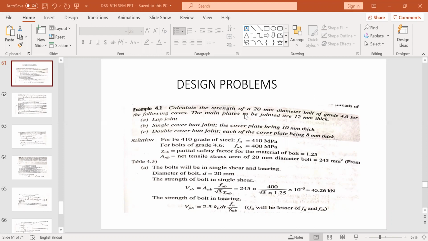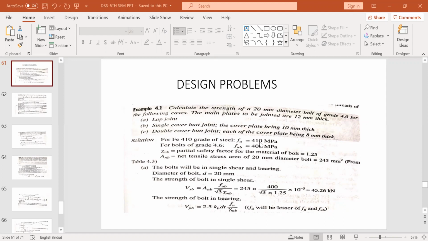So there is a single bolt, only one bolt is connected. The diameter of the bolt is 20, grade is 4.6. So for grade 4.6, you take all the specifications, for Fe 410 steel and 4.6 bolts.